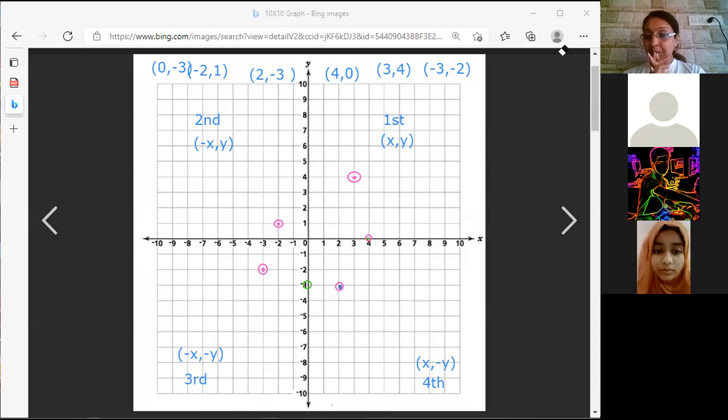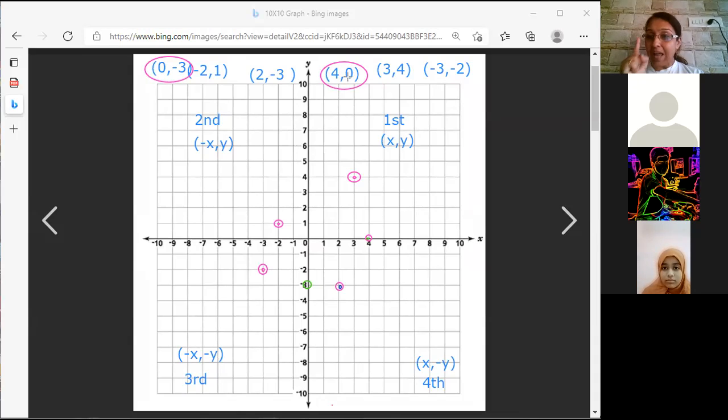And now I'm going to give you a trick on how you are going to plot numbers like 4, 0 or numbers like 0, minus 3. What you have to see is, here, your y coordinate is 0. Can you see this? Y coordinate is 0. So if your y coordinate is 0, your point will come on the x-axis.